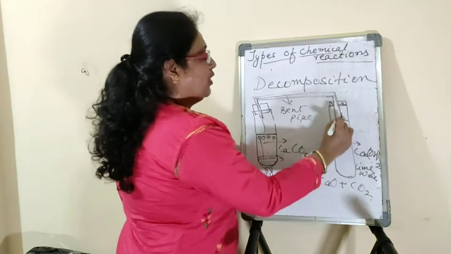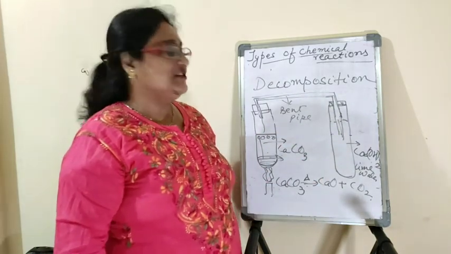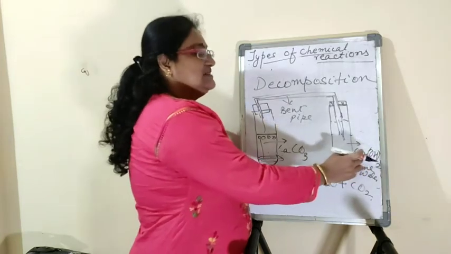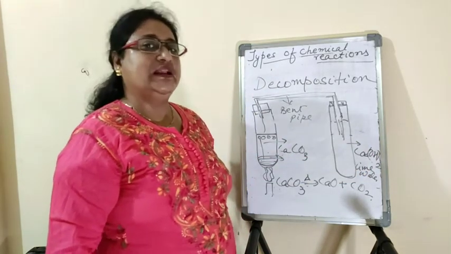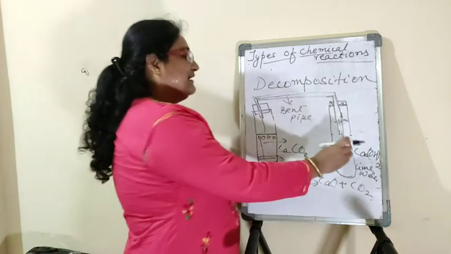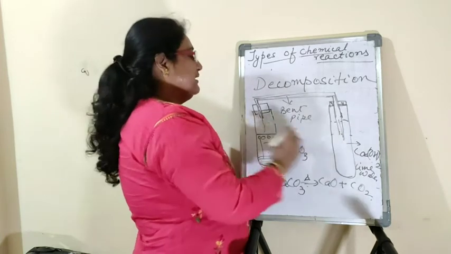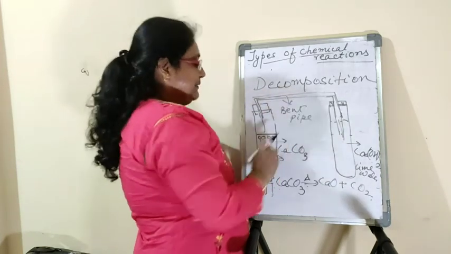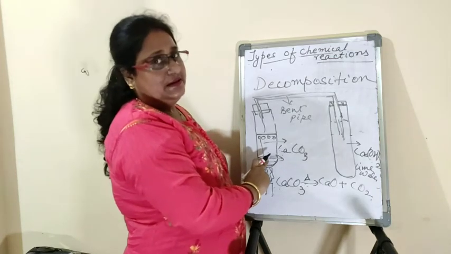As we all know, when CO2 mixes with lime water, Ca(OH)2, it turns milky white. We have taken this lime water just to find out which gas has been liberated after CaCO3 is heated.